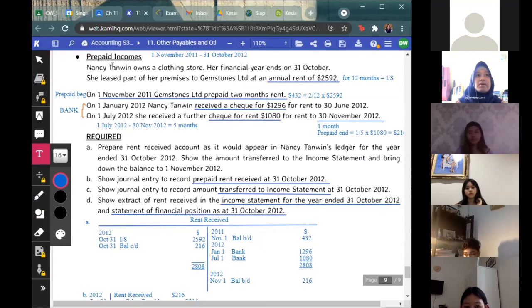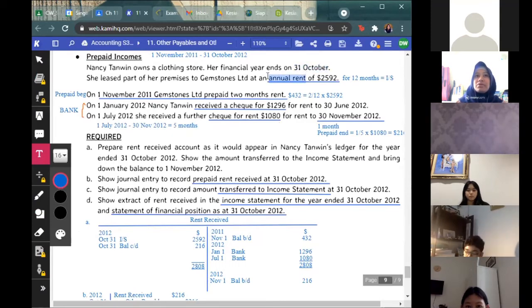Now, Nancy Tan Nguyen owns a clothing store. Her financial year ends on 31 October. Again, we know that this is the ending month, but we have to find out what the year is. She leased part of her premises to Gemstones Limited at an annual rent. Remember?